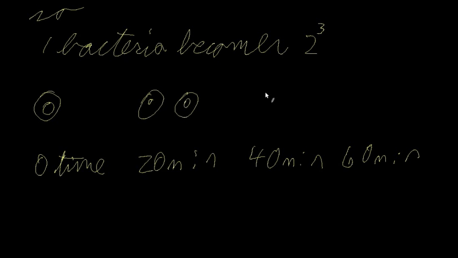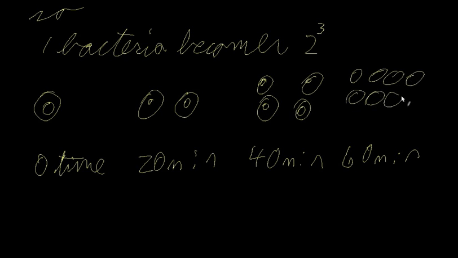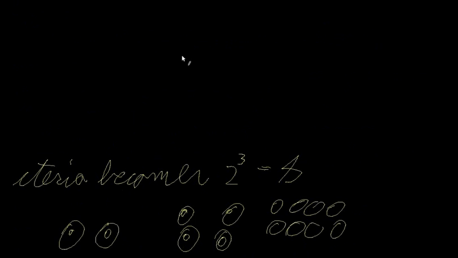And after the first division, which is 20 minutes in this case, it can be any length of time that the MCAT says it takes to divide. So it goes 1 division at 20 minutes, 2 divisions at 40 minutes, and 3 divisions by 60 minutes. So it'll be 8 times whatever you start. So multiply it by 2^n to get your answer.